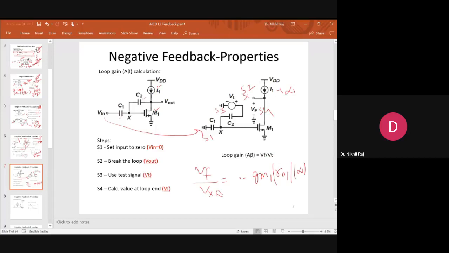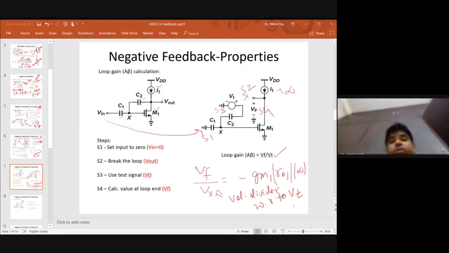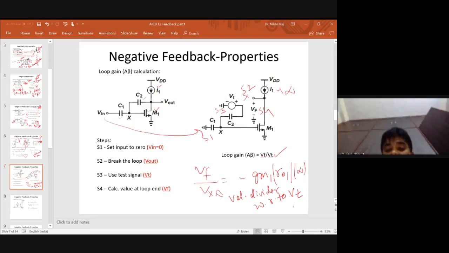So the voltage divider rule will apply here with respect to Vt. So we can easily predict what VF by Vt is, and then we can calculate the open loop gain. So this is the standard procedure to calculate the open loop gain of any amplifier. From there we can deduce what beta is.